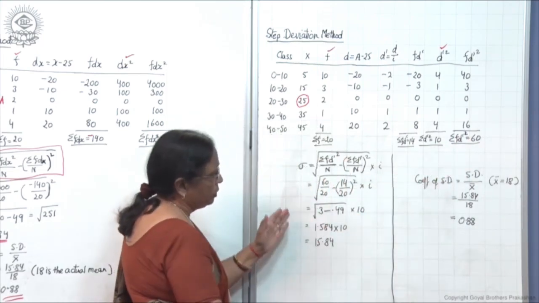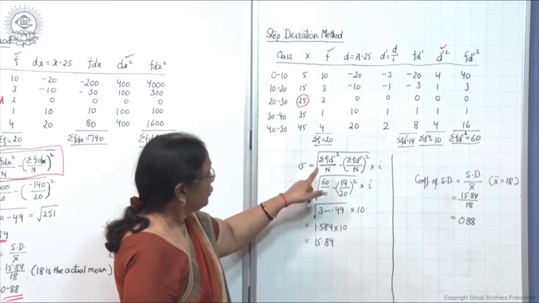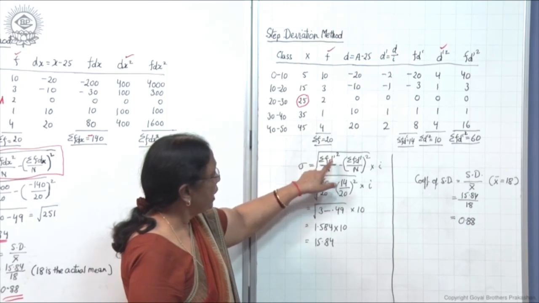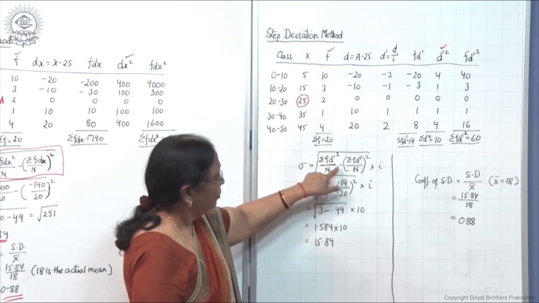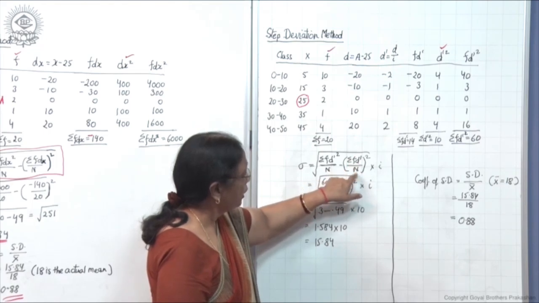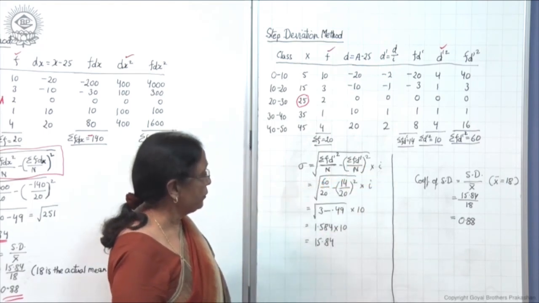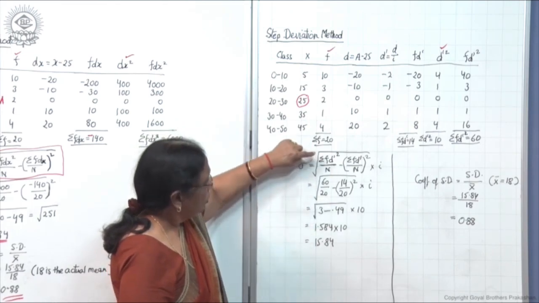Now put the values after writing down the formula first. This formula is the square root of sigma f d dash square upon n, minus sigma f d dash upon n, whole square, into I. I is the class interval. Now let us put the values.